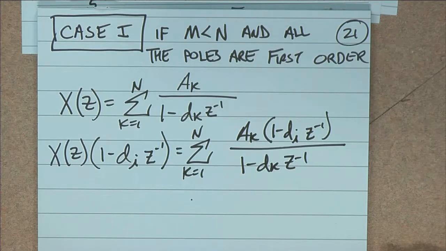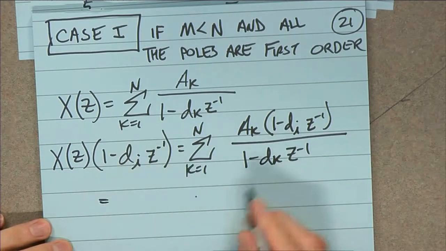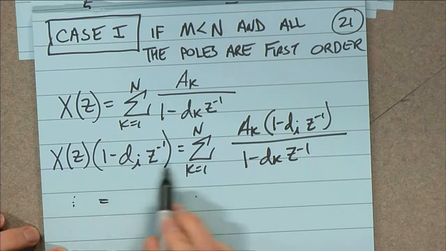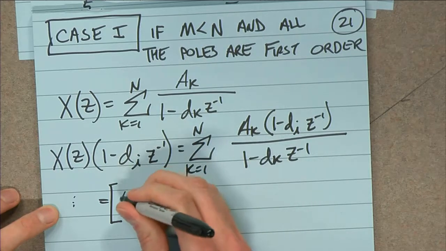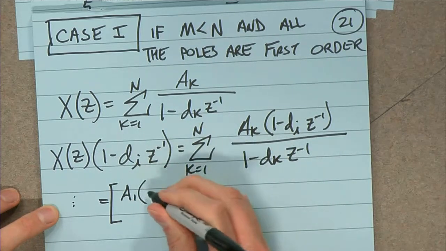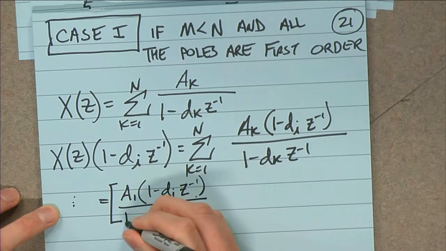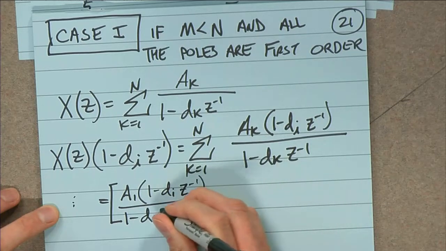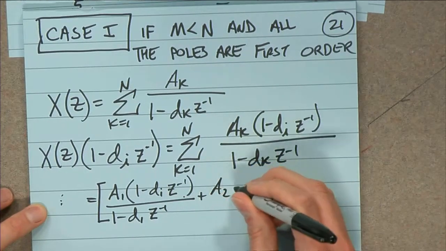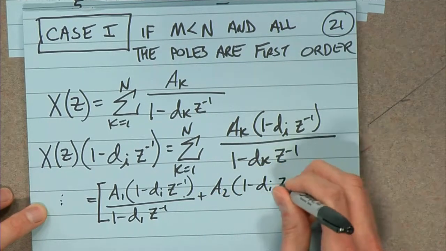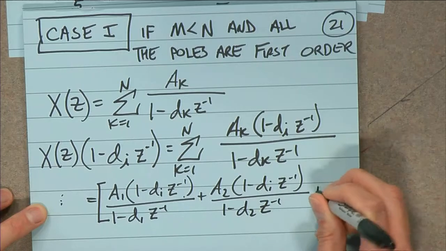Well, to really see what's going on, you have to expand this and look at the terms. So let's do that. This expression equals what? If k equals 1, it's A1 times 1 minus d sub i z inverse, all over 1 minus d sub 1 z inverse, plus A2 times 1 minus d sub i z inverse all over 1 minus d sub 2 z inverse, and so on.